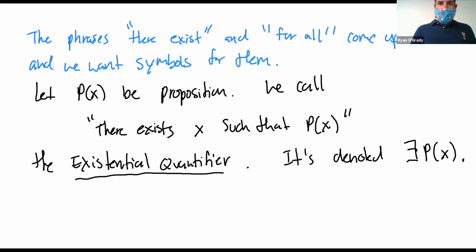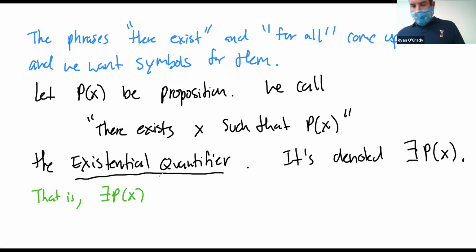So another way to think about this is the following. When you see this backwards E, P of x, this reads, there exists an x such that.